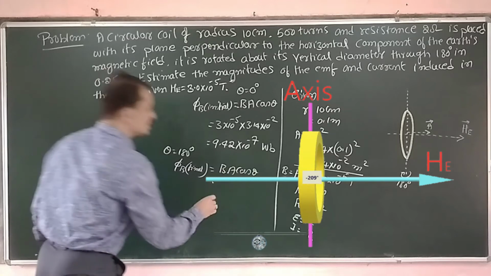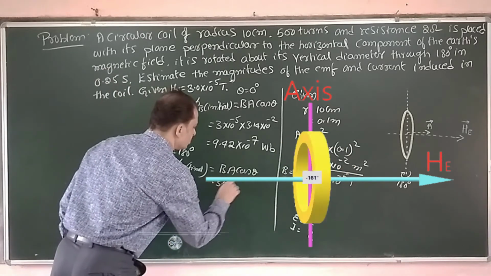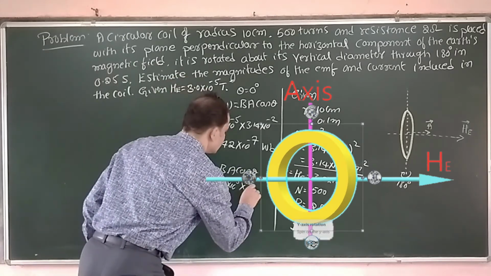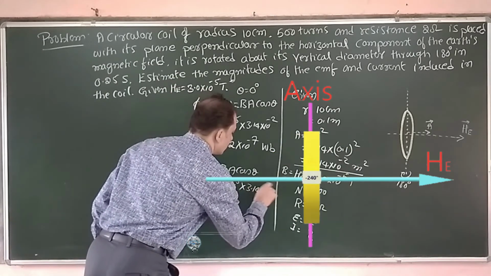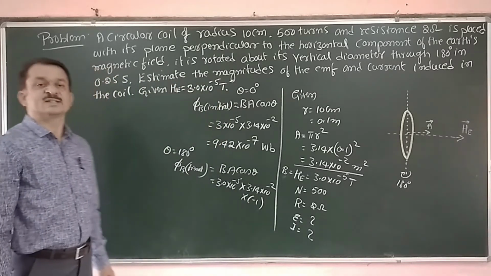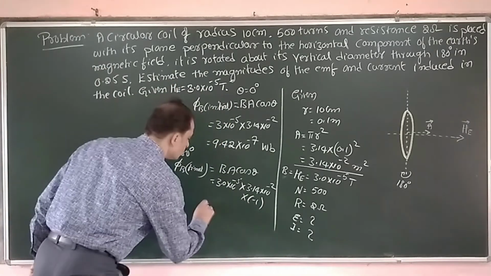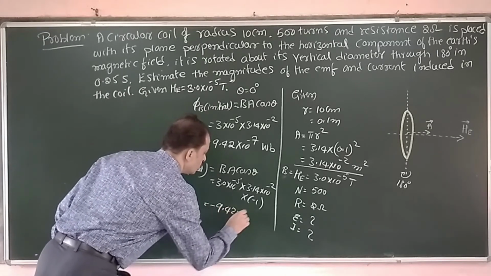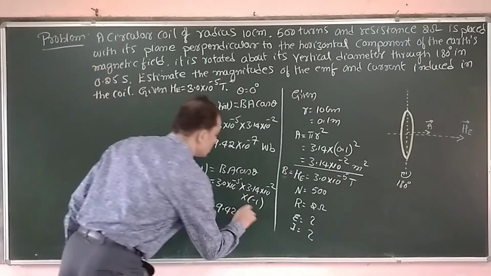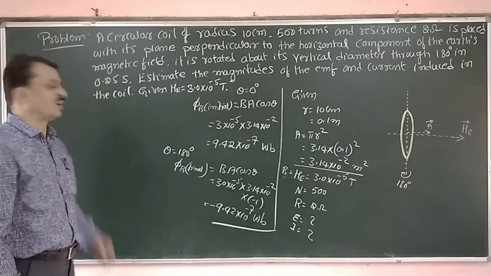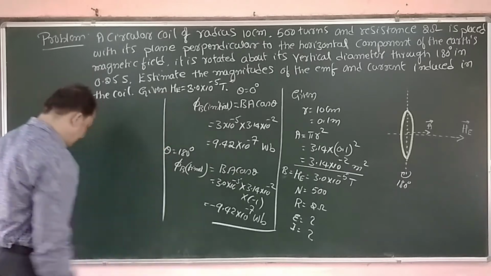Now B horizontal component 3.0 into 10 to the power of minus 5. Area is 3.14 into 10 to the minus 2, into cos 180 is minus of that value. Therefore, we are getting minus of 9.42 into 10 to the power of minus 7 Weber. Final flux.